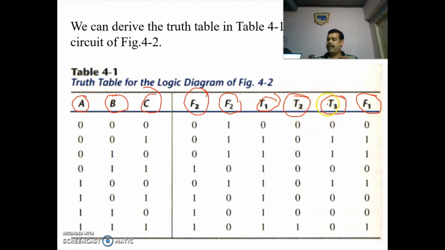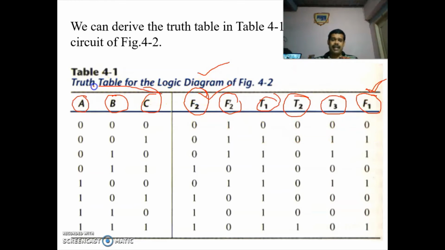These are the intermediate outputs, and F1 and F2 are the main outputs. Actually, we only need F1 and F2, the two main outputs. But in order to find these two main outputs, we have to find the values of the intermediate outputs. So totally we are having 6 outputs.